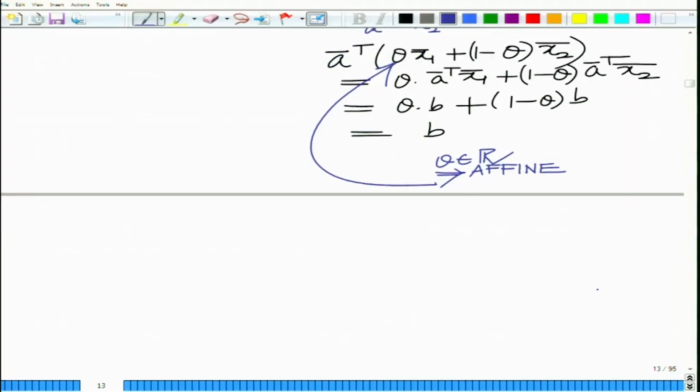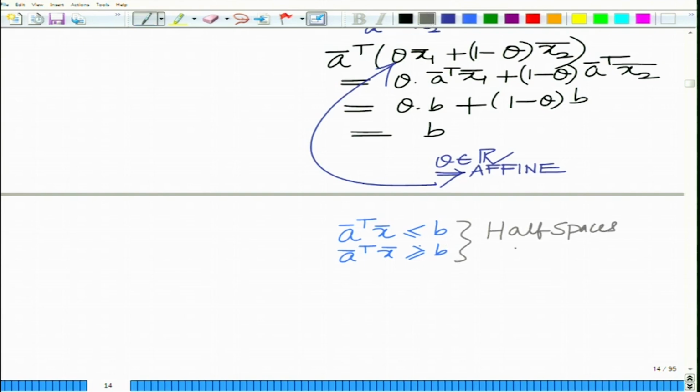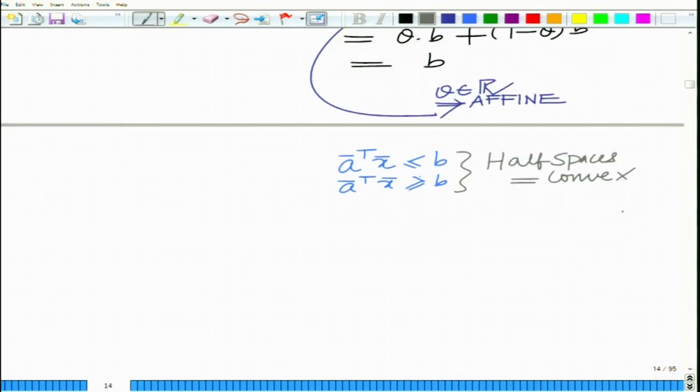So the hyperplane divides it into two regions, correct. In fact, the general equation of a half space you can always remember as represented by a bar transpose x bar less than or equal to b.